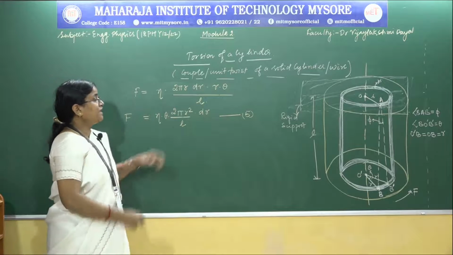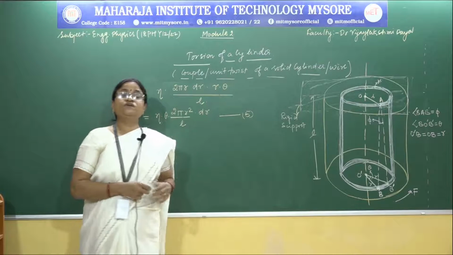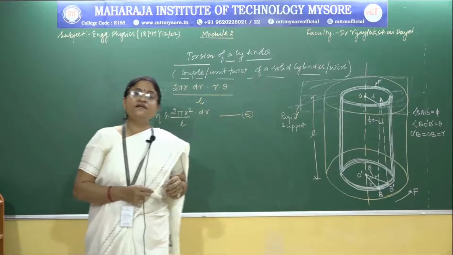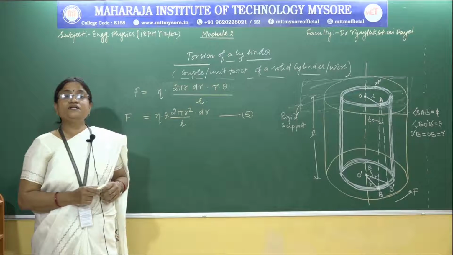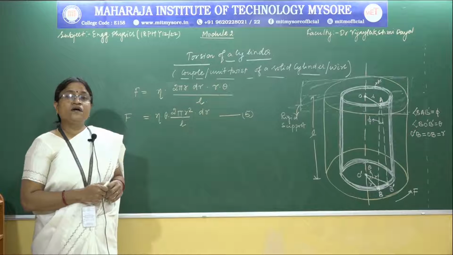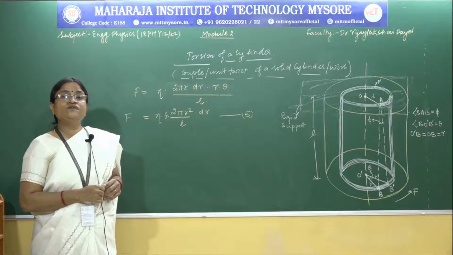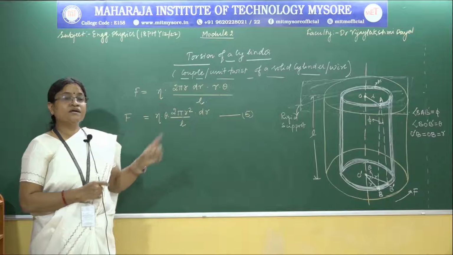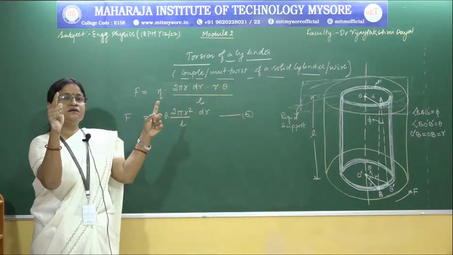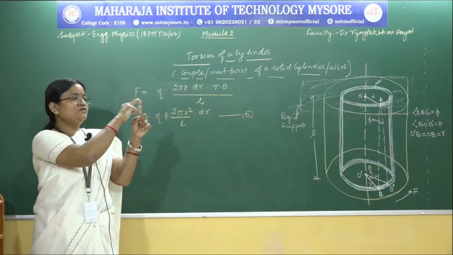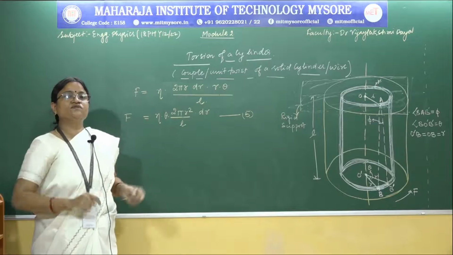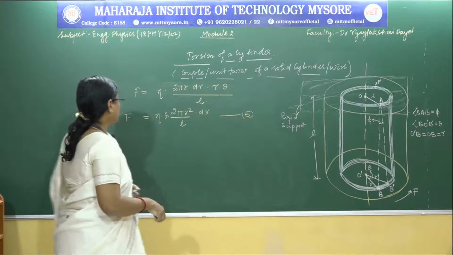Now what we have to find? Couple per unit twist. And what we know, couple I have already defined, and couple is nothing but a torque, which is equal to F into R, means force multiplied by the perpendicular distance at which the force is applied.